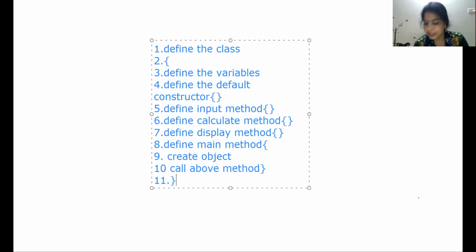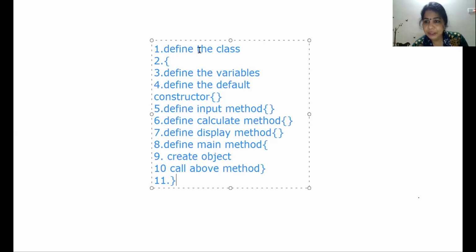So here you see: define the class, then give the curly braces, define the instance variables, define the default constructor which is used to initialize the instance variables. Then the input method, where using the Scanner class you input the name, mobile number and cost, and discount and amount will be calculated.